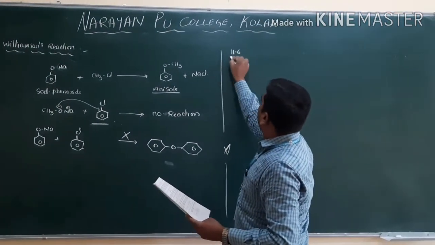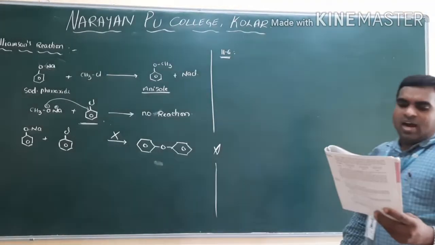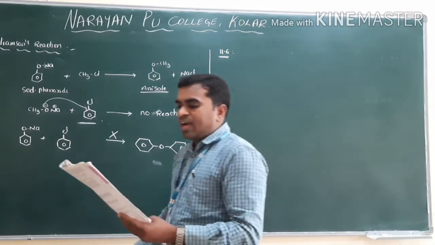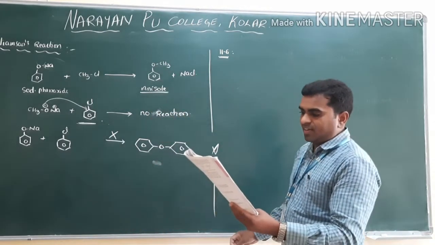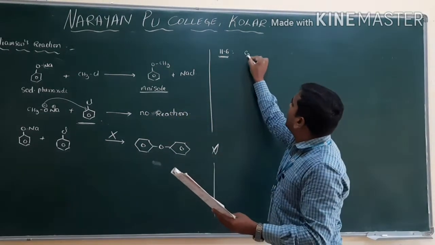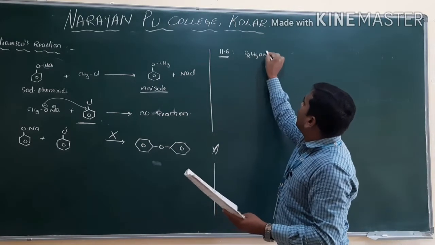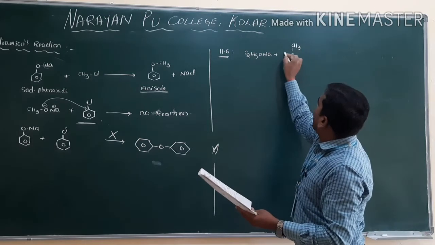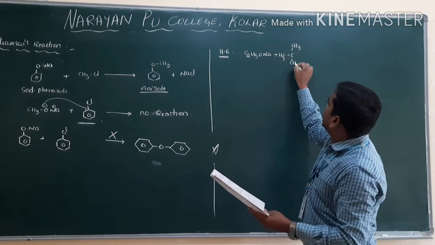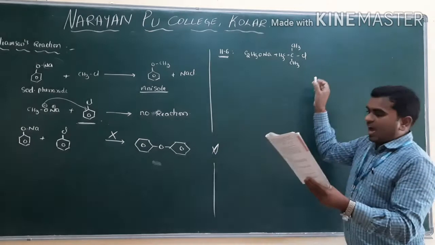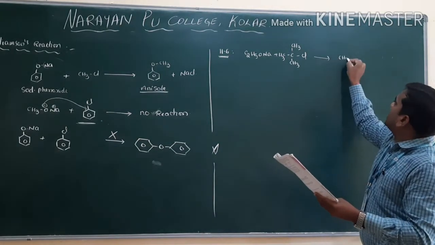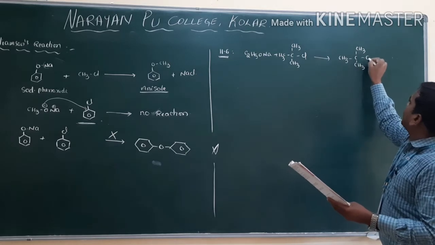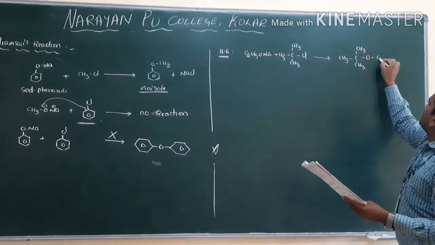It says the following is not an appropriate reaction for the preparation of tertiary butyl ethyl ether: C2H5ONa plus tertiary butyl chloride, giving tertiary butyl ethyl ether, C2H5.